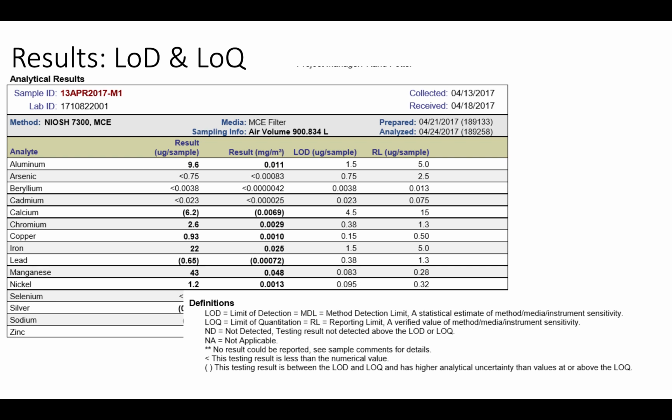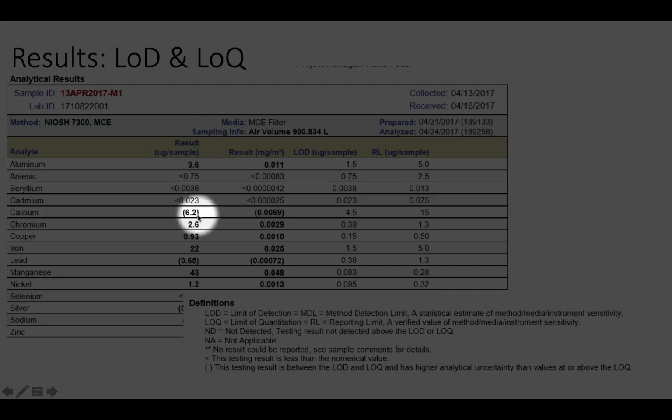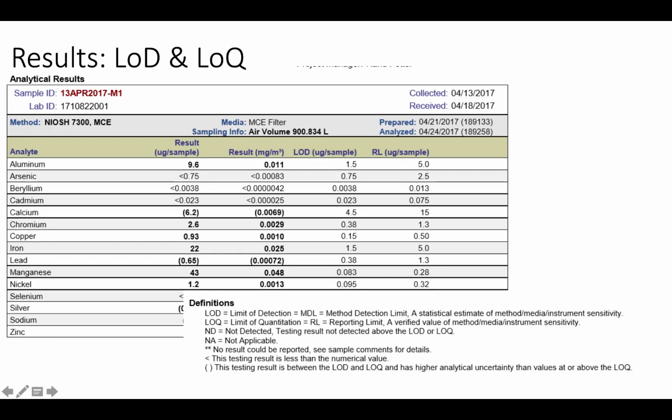We can sometimes use results that are between the limit of detection and the limit of quantification. We call these censored results, and there's a methodology for the use of those. And here we could see that for lead, we found something. It was above the limit of detection, but it was below that limit of quantification where it could be repeatedly measured.